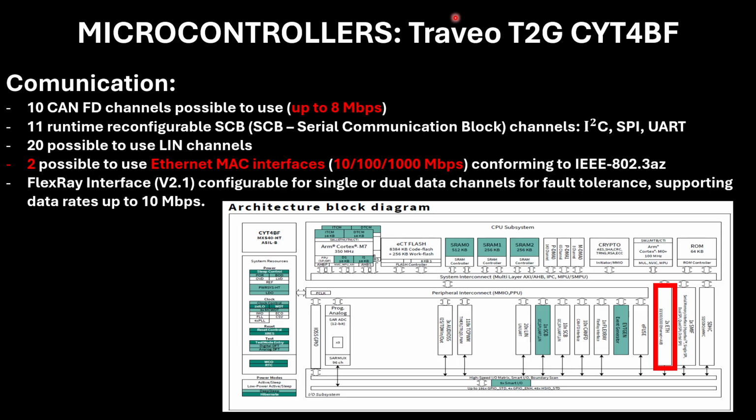So there are 2 interfaces in this microcontroller, each with speeds of 10, 100 and 1000 megabits per second. So 1 gigabit per second is the maximum speed for both of these MAC interfaces, or MAC controllers, on the Traveo 2 microcontroller, and they conform to the IEEE standard 802.3az.